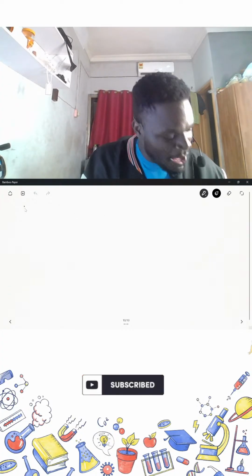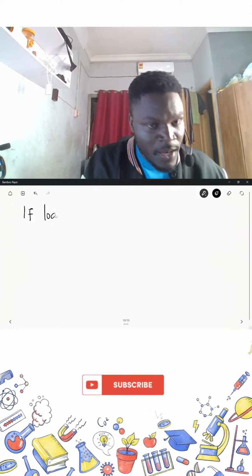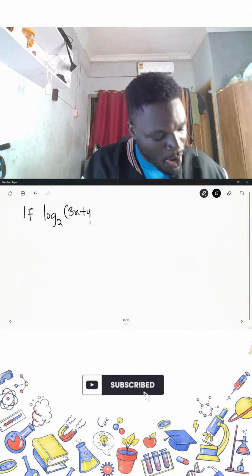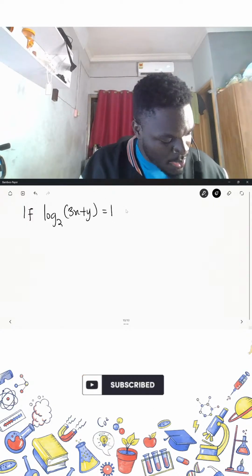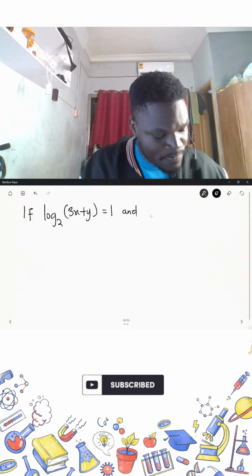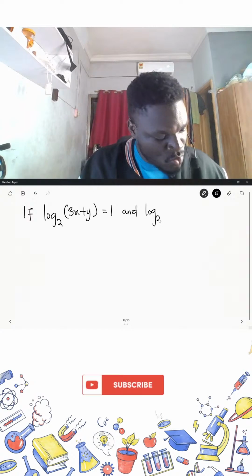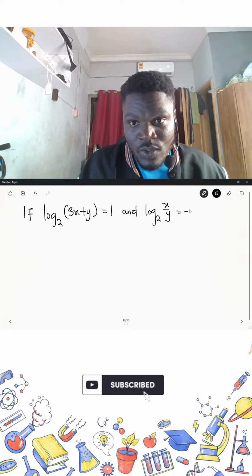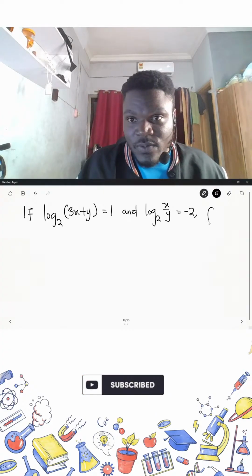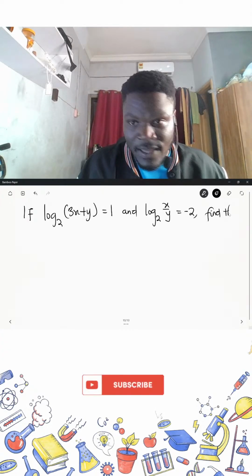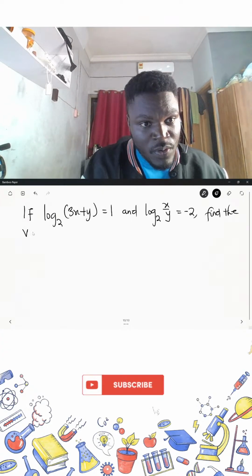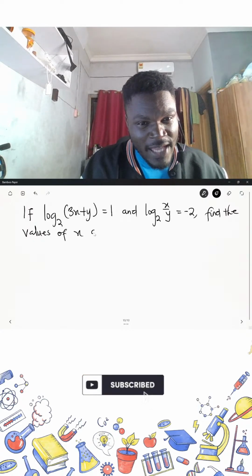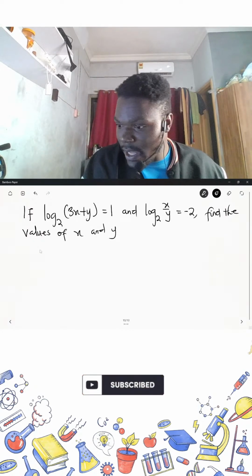Okay, so here we have: if log base 2 of (3x plus y) is equal to 1, and log base 2 of x over y is equal to negative 2, you have to find the values of x and y. Are we okay?